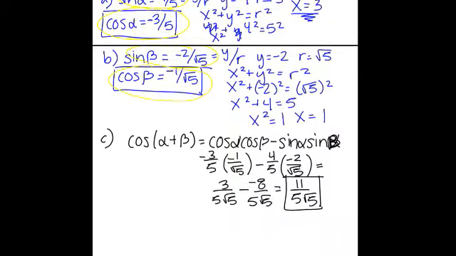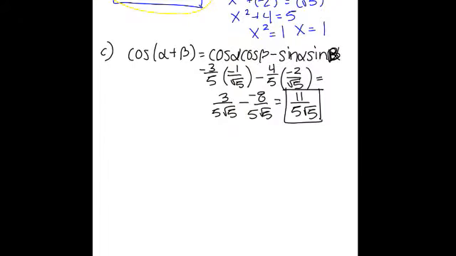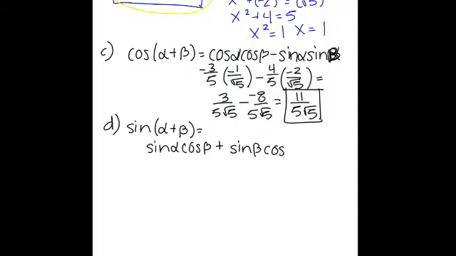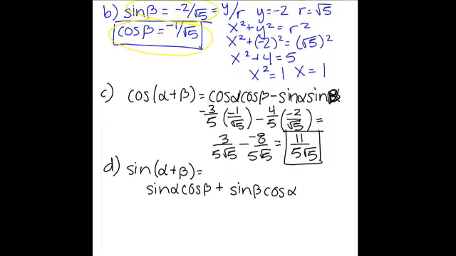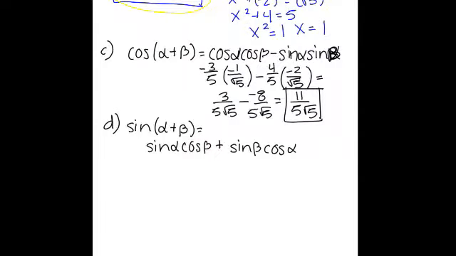So now we want to do D, which was asking us for the sine of alpha plus beta, which you know is going to be the sine of alpha cosine beta, plus sine of beta cosine alpha. So the sine of alpha, going back, was negative 4 over 5. The cosine of beta was negative 1 over rad 5.